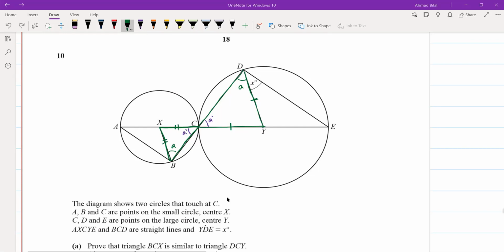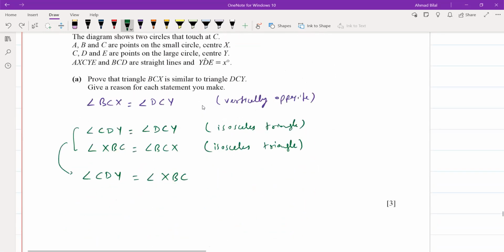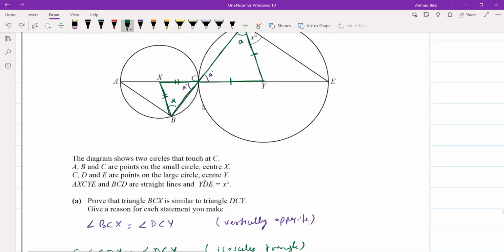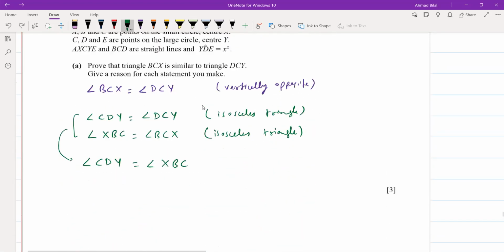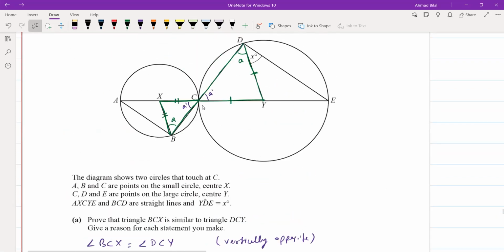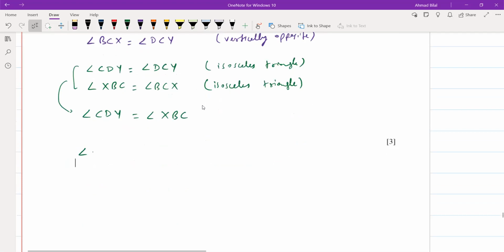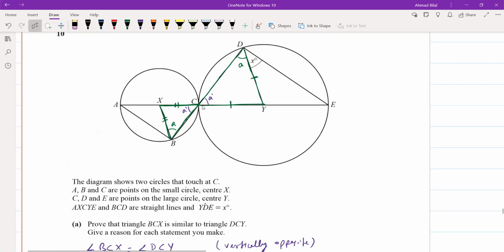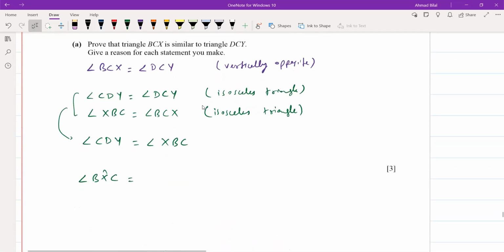Now, if two angles are equal, तो तीसरा एंगल जो भी रह जाएगा वो तो इक्वल ही होएगा. तीसरा एंगल क्या रह गया है जो सेंटर में बन रहा है? So that's BXC. The angle BXC should be equal to the angle DYC.